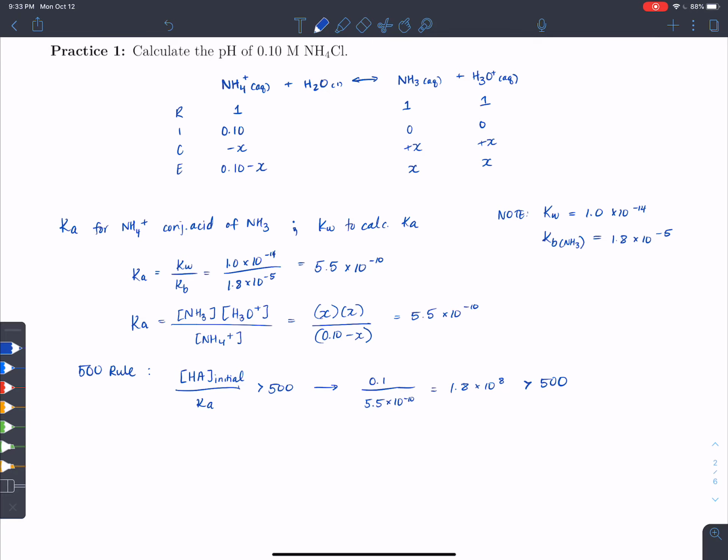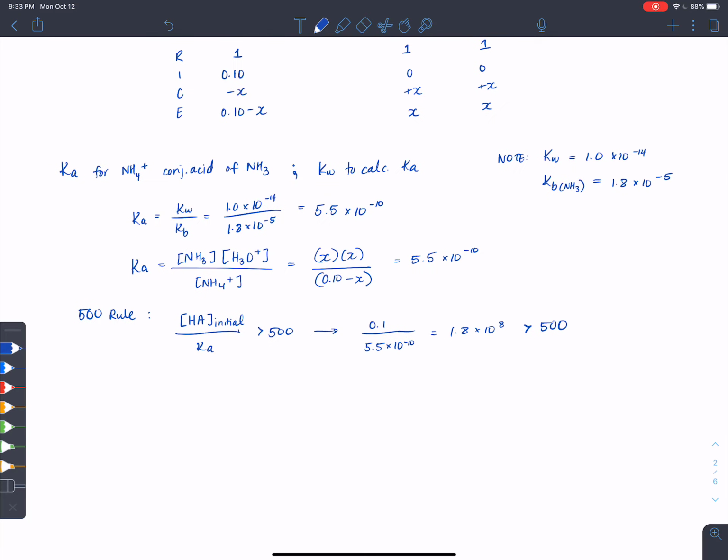So we can then just say that we can ignore the negative x in the denominator and just assume that the concentration of NH4 plus is just 0.1.